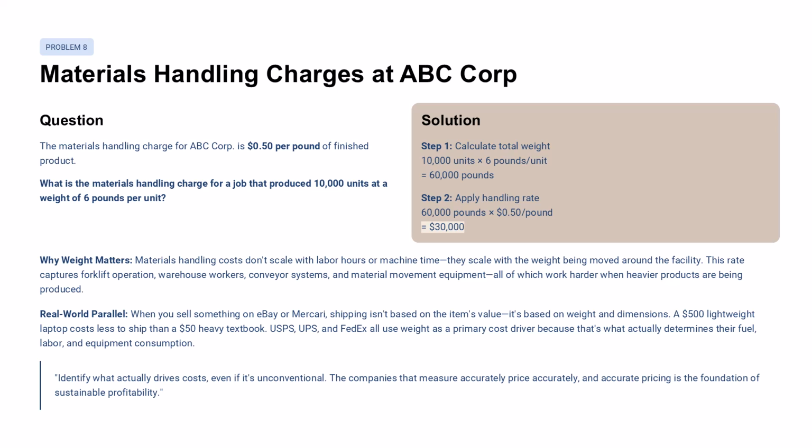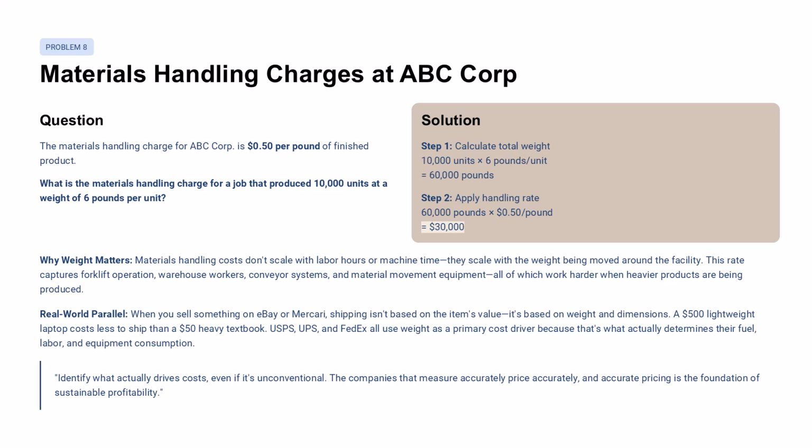This rate captures forklift operation, warehouse workers, conveyor systems, and material movement equipment, all of which work harder when heavier products are being produced. A product weighing 6 pounds consumes 6 times more handling resources than a 1-pound product, and ABC recognizes that relationship. Here's your real-world connection. Shipping costs.